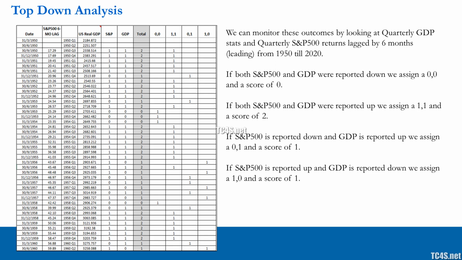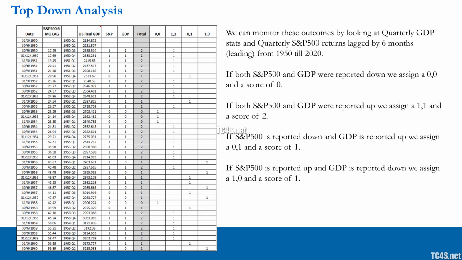Okay. Now, we do this very crudely, quite simply, by looking at the 4 potential outcomes. So we have the outcomes where they move in the same direction and the outcomes where they move in the opposite direction. And we can assign simple scores to this.